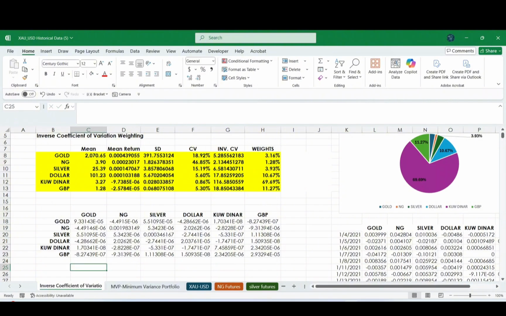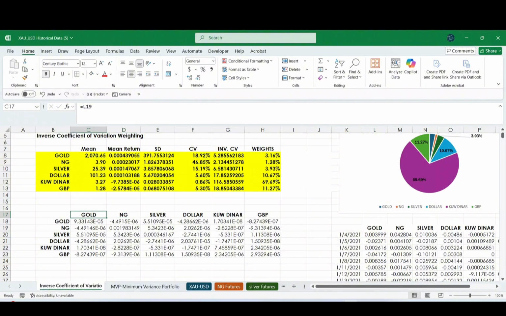You can see here that we listed our 6 assets on a horizontal line, and our 6 assets on a vertical list, and we compare gold against gold, because when you compare variances, you have to build matrices in pairs.